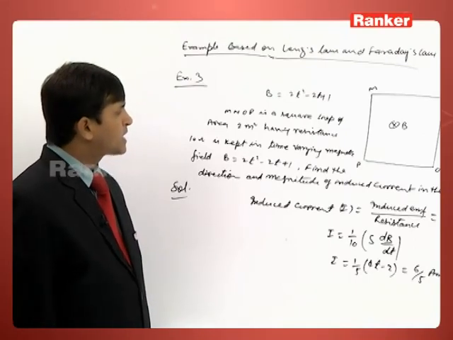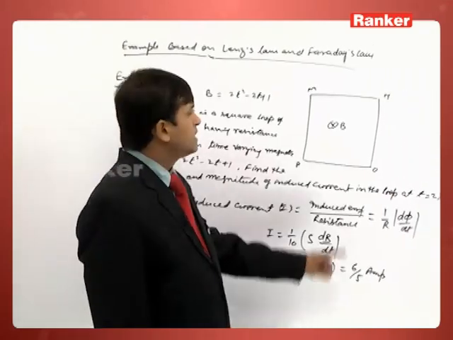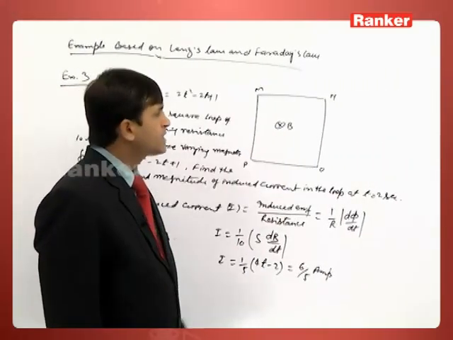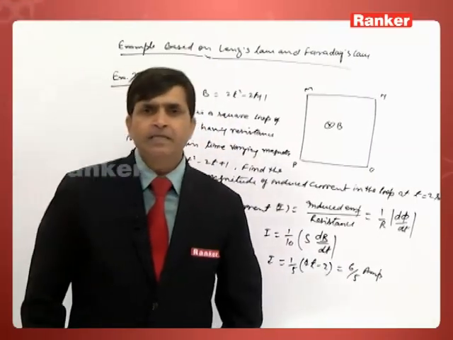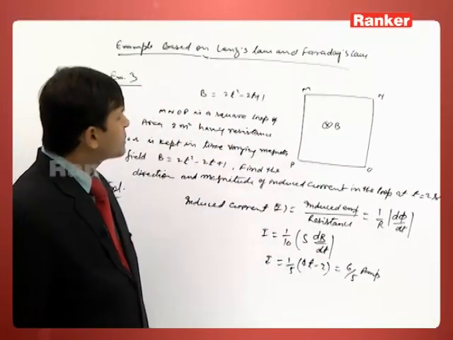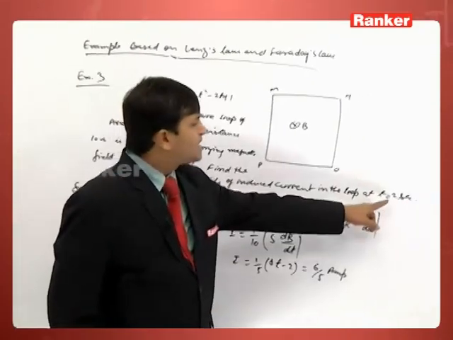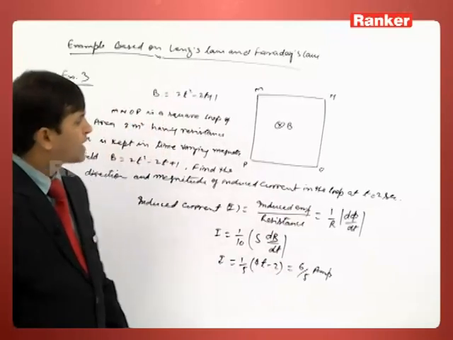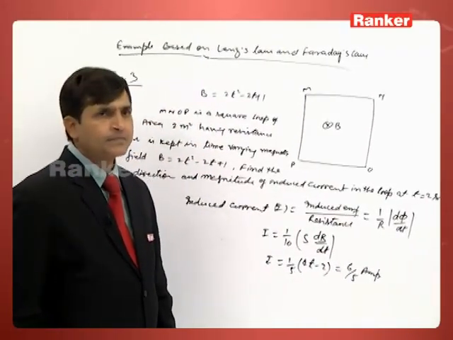So direction of current, as per Lenz law: why is the flux changing? Flux is changing because the magnetic field is changing, and we would like to check at t equal to 2 seconds whether the magnetic field is increasing or decreasing.